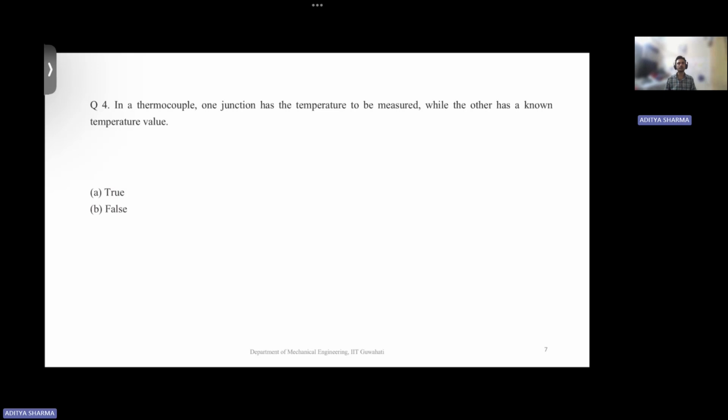Question number 4 says that in a thermocouple, one junction has the temperature to be measured while the other has a known temperature value.